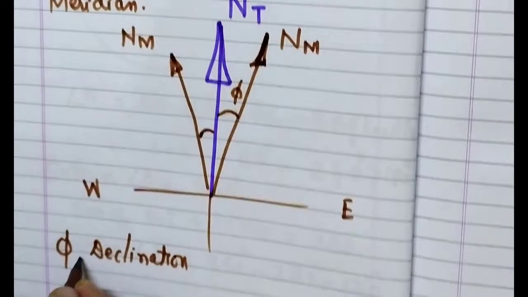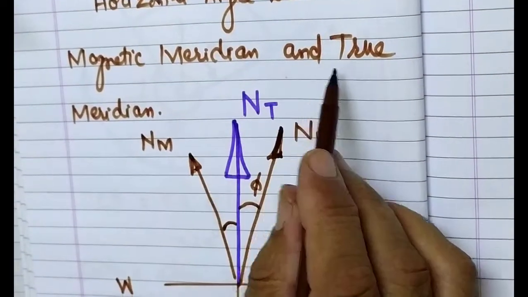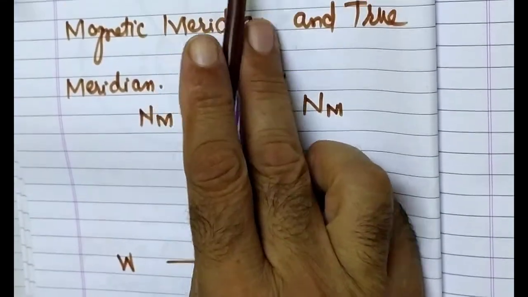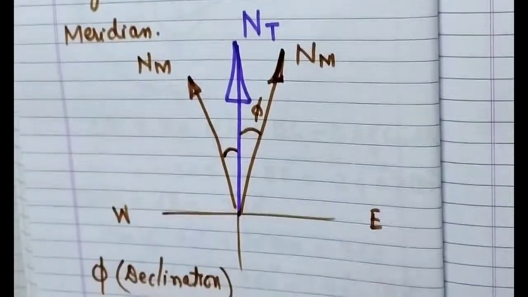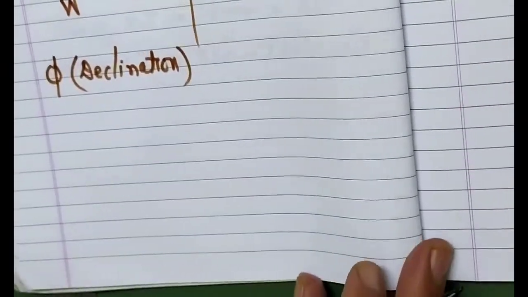Again, the horizontal angle between the magnetic meridian and true meridian is known as magnetic declination. So it may be towards east, it may be towards west. There is one relationship between these.